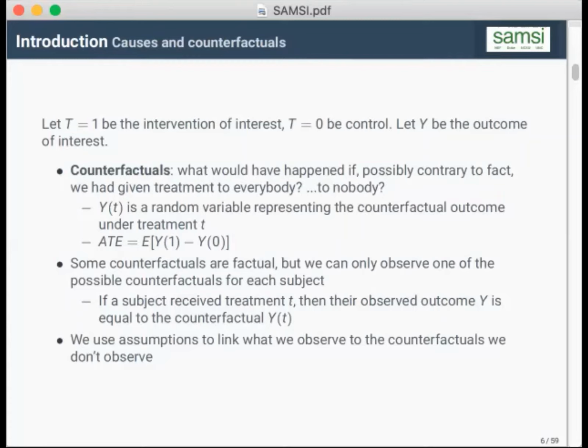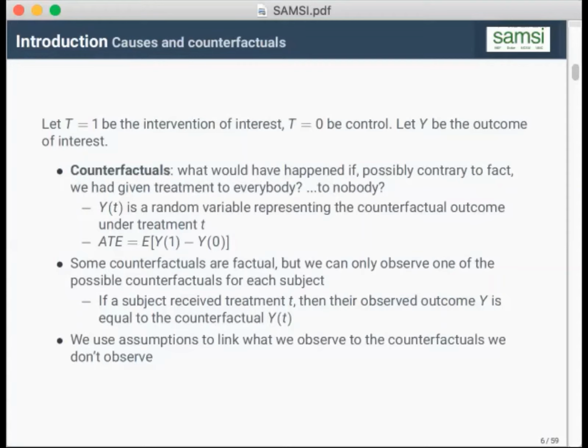A counterfactual outcome or a potential outcome is a random variable that tells us what would have happened if, possibly contrary to fact, T had been intervened on and set to some particular value, little t.